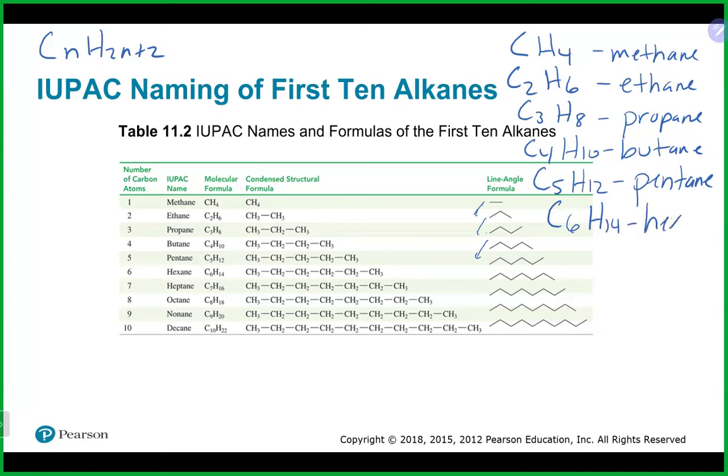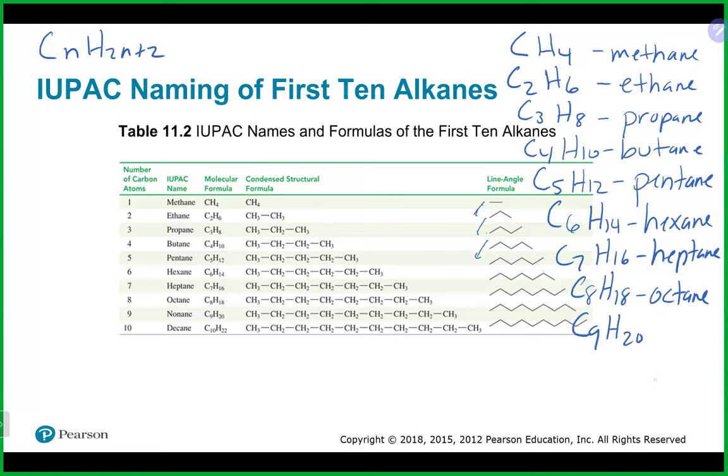That is hexane. 7 carbons, 16 hydrogens is heptane. 8 carbons, 8 times 2 is 16 plus 2 is 18, octane. 9 carbons, 9 times 2 is 18 plus 2 more is 20. That is nonane. And lastly, 10 carbons, 10 times 2 is 20 plus 2 more is 22, decane.